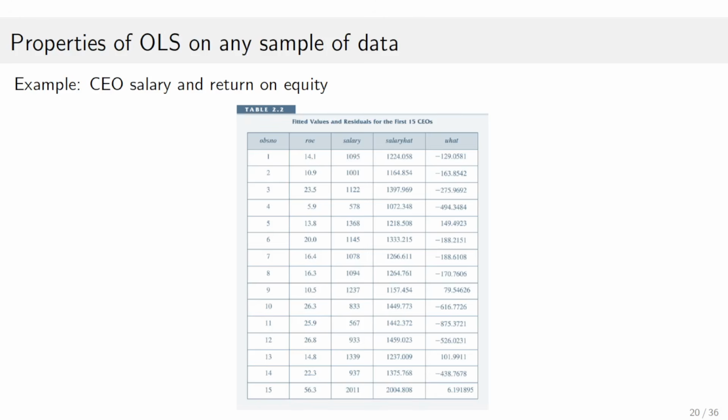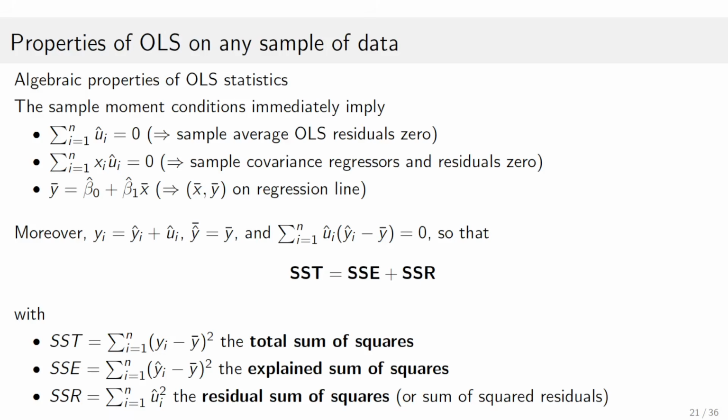And U hat would be the residual. So that is U_i hat from a few slides ago. And we do know that on average the U_i hat is going to be equal to 0. But let's discuss these properties one by one.